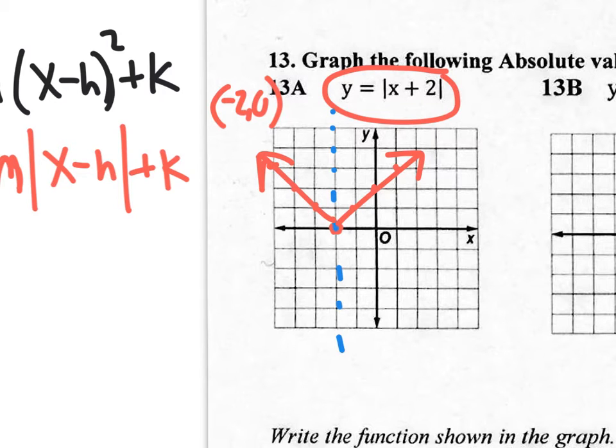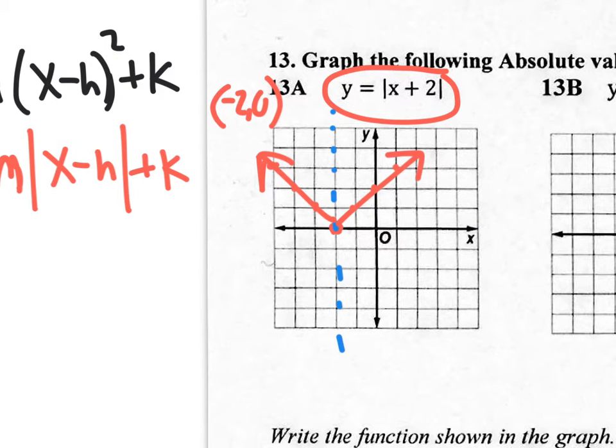And this boils down to you really understanding the H and K shift. H, you have to think opposite. K is the number out here. H ends up being a left-right shift, right?